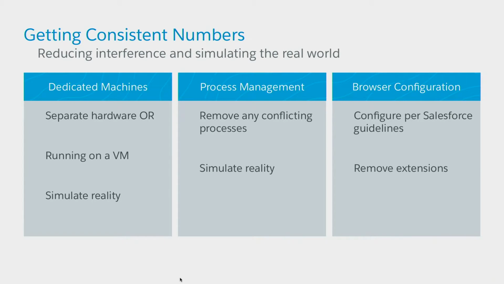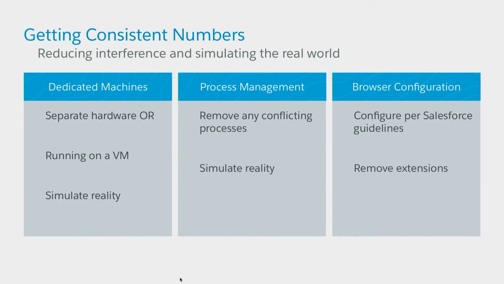If you have access to virtual machines, you can run it on a virtual machine, which I'm going to demonstrate shortly. But the key point is simulate reality. If your users are having a 4-year-old laptop with 1 gig of RAM, don't run your tests on a hyper-powerful Xeon server with 128 gigs of RAM, because what you see won't be what they see, and we want to eliminate that kind of discrepancy.